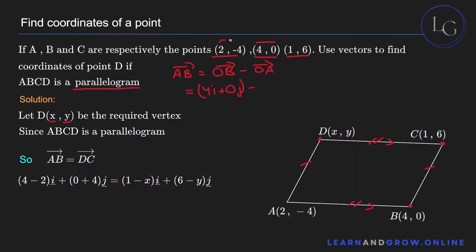OA is this. So minus (2i minus 4j). Once you work that out, you get 4 minus 2 i, and 0 plus 4 j, which is equal to 2i plus 4j, right? Now, that's AB.